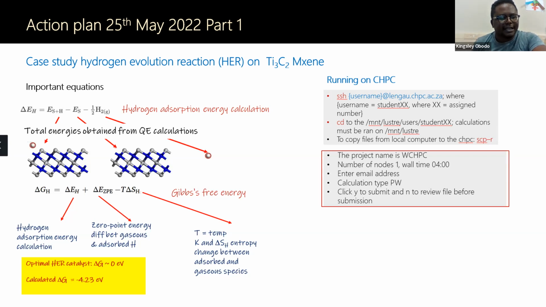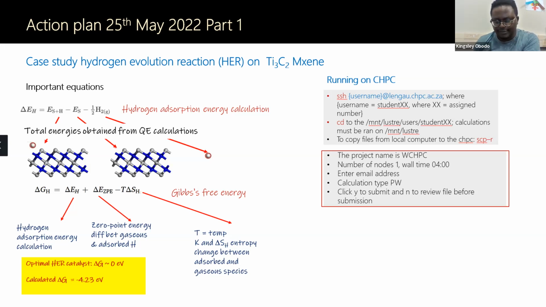Towards the end of the class, you were introduced to the Gibbs free energy, which is the descriptor normally used to determine whether the material can be a good catalyst or not. For a good HER catalyst, the Gibbs free energy is approximately 0. But the one you calculated in class was minus 4.23, which is way above 0.